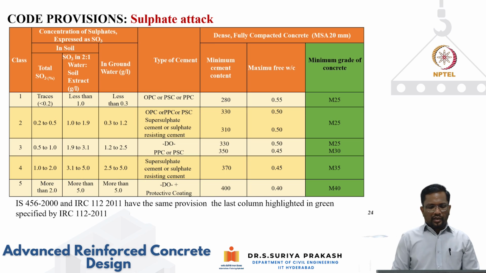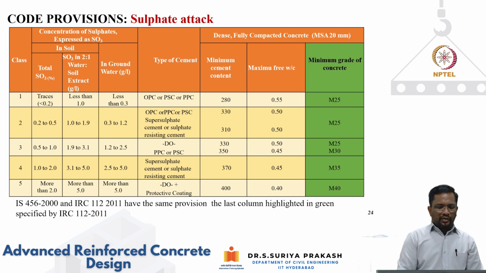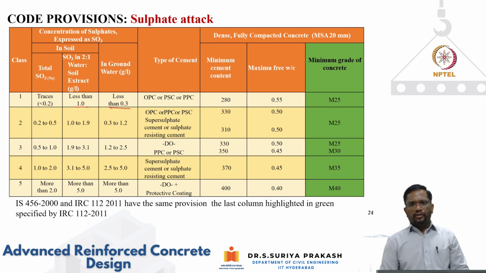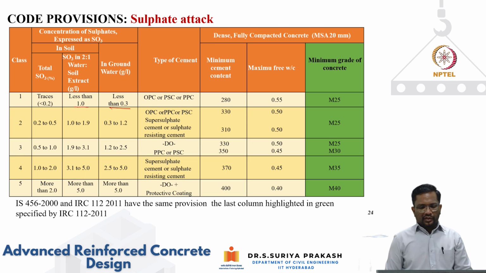For class 1 type of construction, the sulfate content, SO3 content in soil, has to be less than 0.2, and when you take water from the soil extract, it should be less than 1. And in groundwater, again, the limits are given. So depending upon what level you're looking at, the limits for sulfates are given.